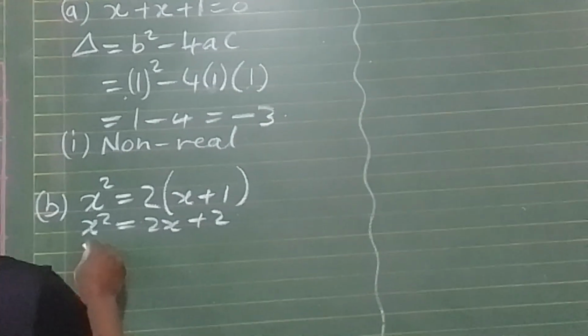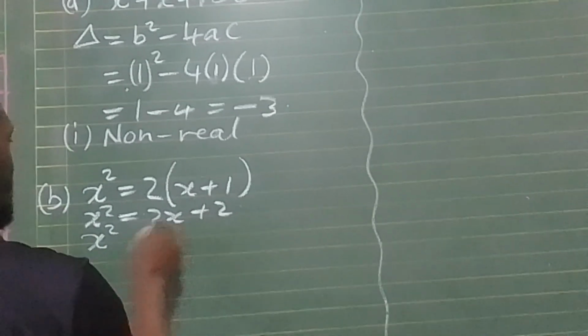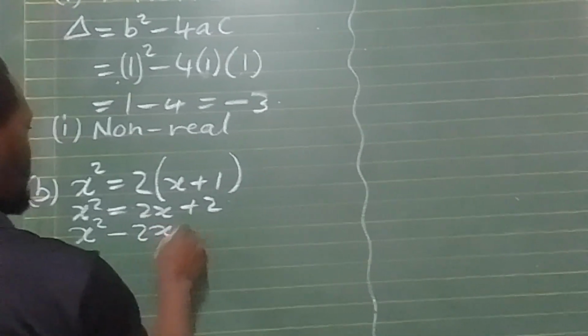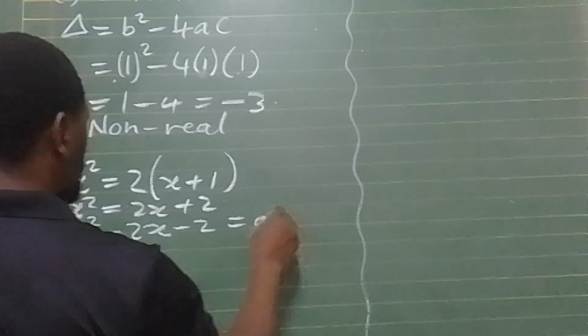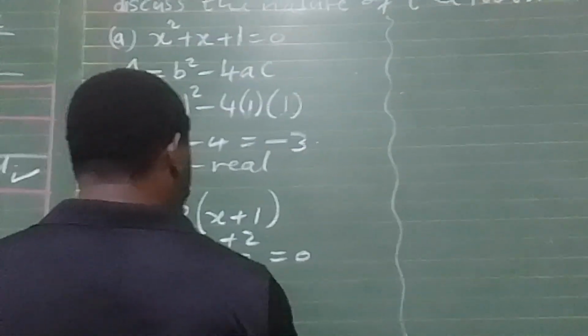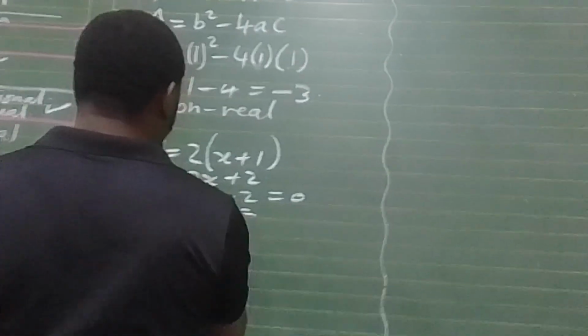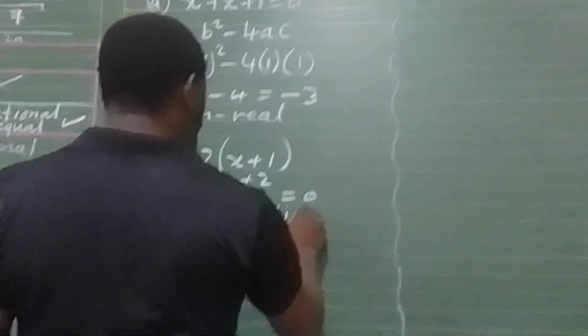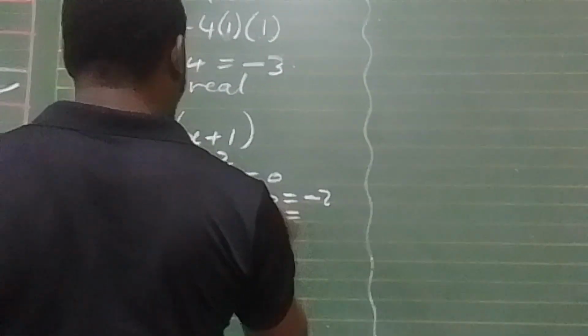You take everything to one side of the equation. X squared minus 2x minus 2 is equal to 0, where a is 1, b is minus 2, c is minus 2.